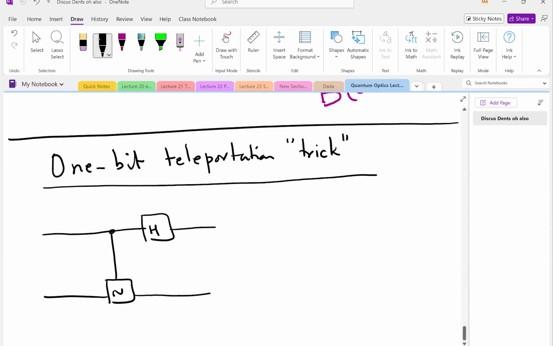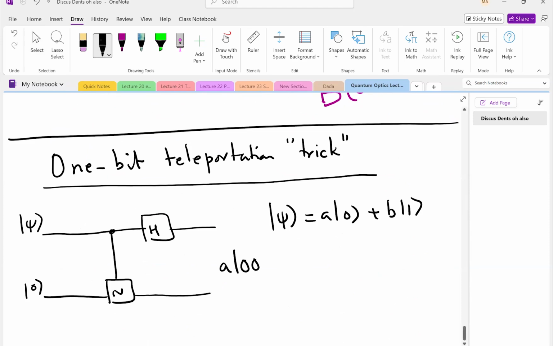Now my first qubit is in any state psi. My second qubit is ket 0. So my psi could be A ket 0 plus B ket 1. So here my input is really A 00 plus B 10.